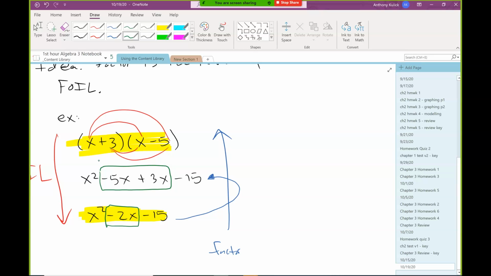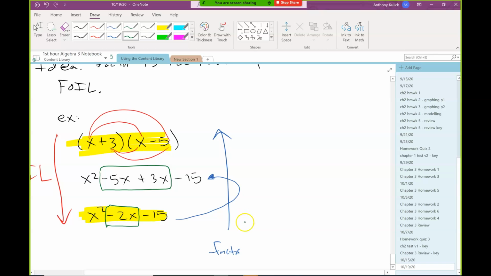We're moving backwards, so that was the combining of like terms step that we did when we FOILed. That's the last thing we did when we FOILed. It's the first thing we have to undo when we're factoring, is to undo this combining of like terms.